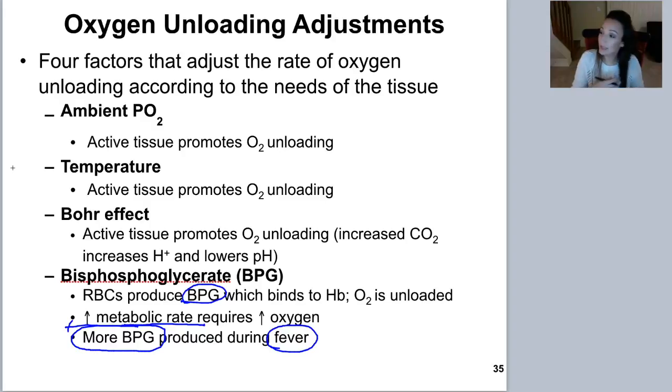Because just by increasing that temperature, that's going to cause the hemoglobin to behave differently. Just by decreasing the partial pressure of oxygen, that's going to adjust the rate at which oxygen diffuses into the tissue. So these mechanisms have evolved to make us the most efficient and make our hemoglobin the best molecule for delivering oxygen to our bodies because the hemoglobin behaves differently under these couple of different conditions here. Okay, cool. So let's go on.